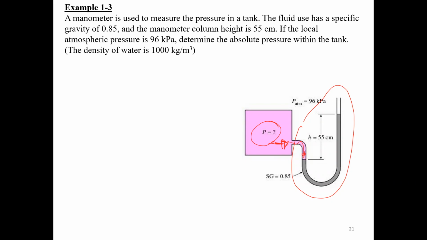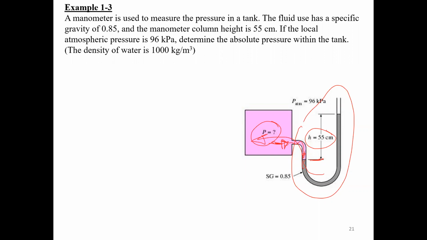And as you can see, the liquid is lifted up to 55 centimeter. So this means that the pressure inside the tank is more than the liquid pressure. Otherwise, if the liquid pressure were higher, then this liquid would go inside the tank rather than the other way around.